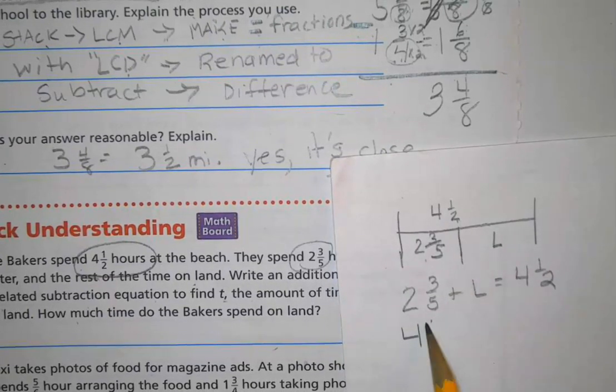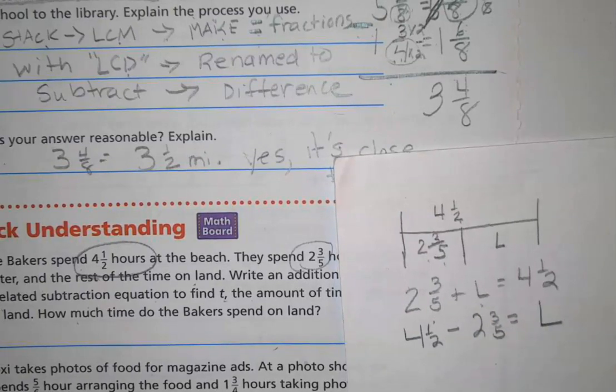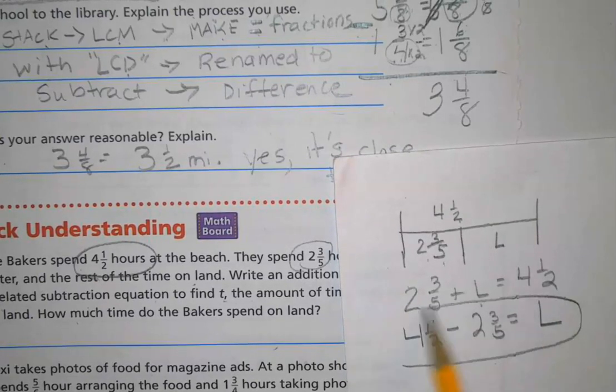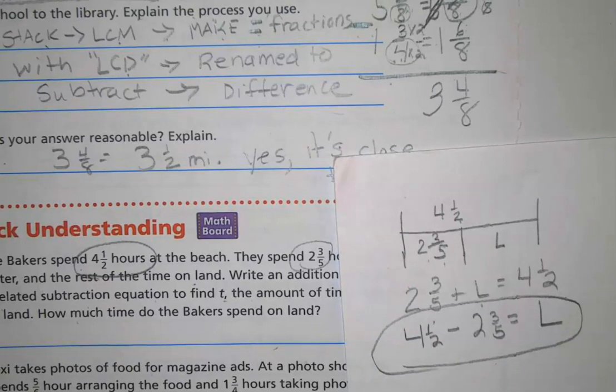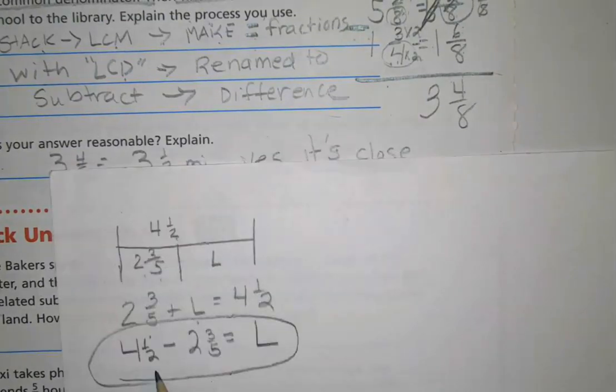The total minus the part that I know will equal the part that I don't know. Now when I go to solve this, it would be useful to use this equation. When I solve this, I need to stack the problem.